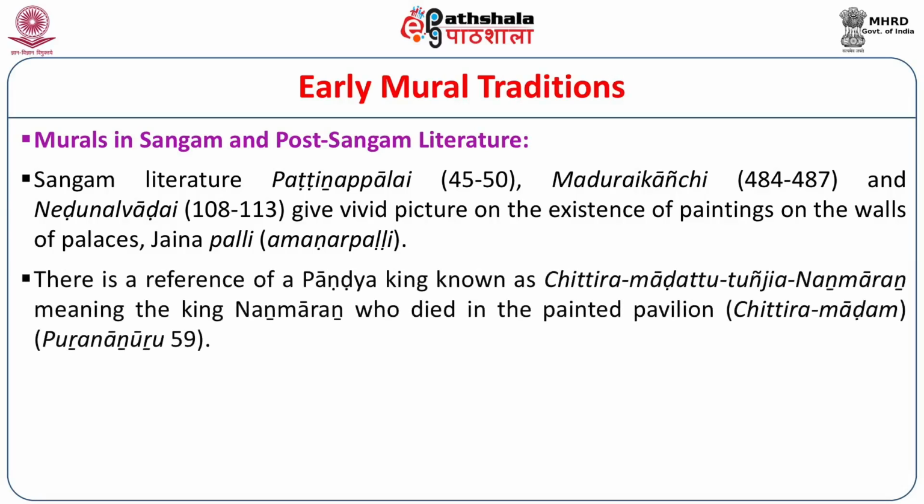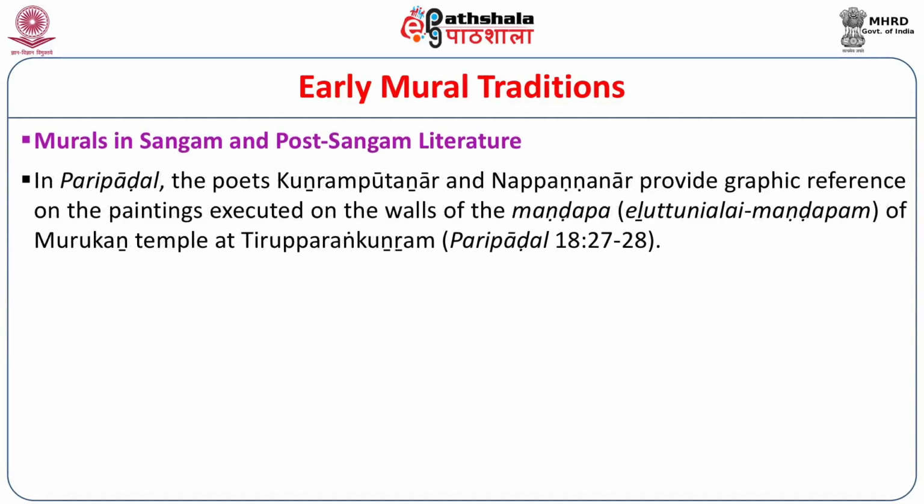There is a reference to a Paṇḍya king known as Chitramadathu Tunjiya Nanmaran, meaning the king Nanmaran who died in the painted pavilion of Chitramadam, mentioned in the Sangam literature Purananuru. Paripadal is a late Sangam or what we call post-Sangam literature.